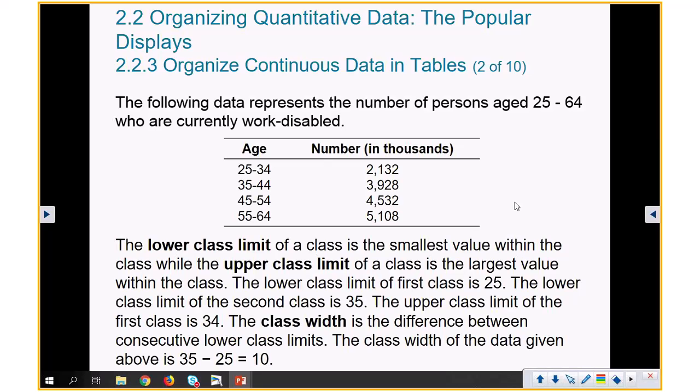Is it always just 0.5 less? No. If you have tenths, if that was 25.0 and 34.9, then you would go to the hundredth, which would be 0.95. And if it was to the thousandth, then you go to the ten-thousandth and so on. The only time you go to the 0.5 is at the tenth.